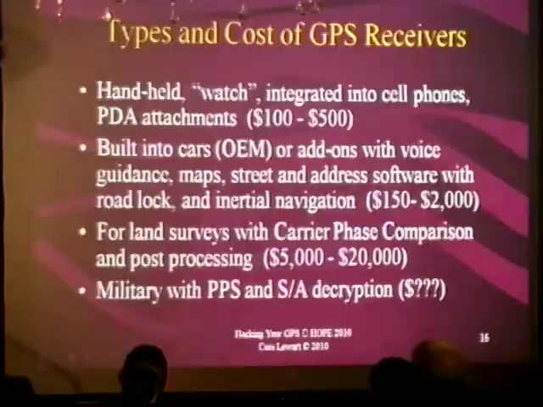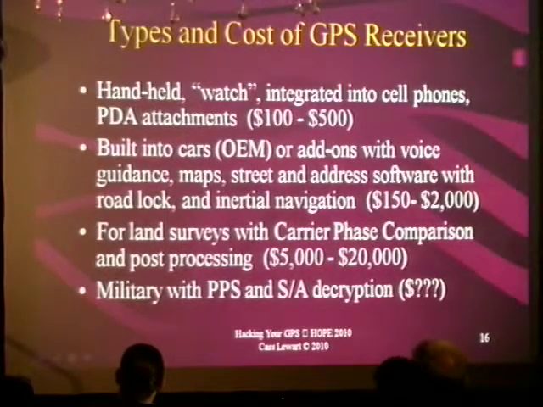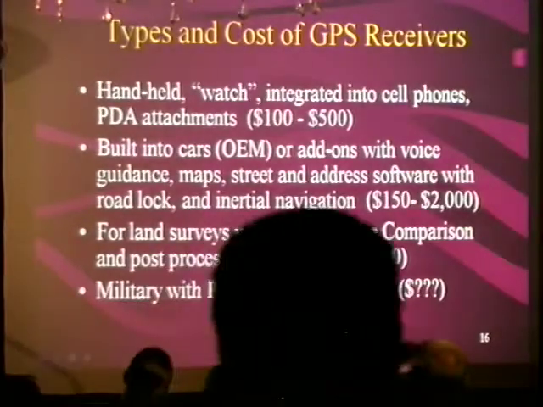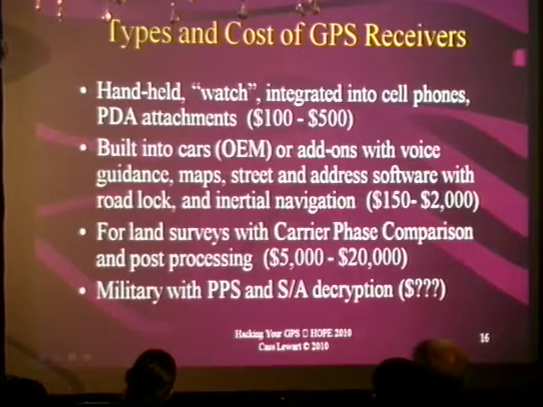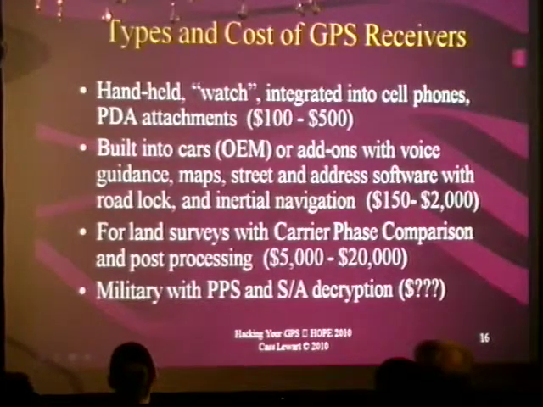Now, I will talk quickly about the different types of GPS. You have handhelds, you have watch units, and in the last couple of years the car units became quite reasonably priced. It used to be several thousand dollars. Now you can get one for a couple of hundred or less.